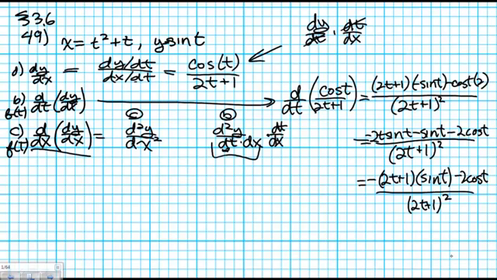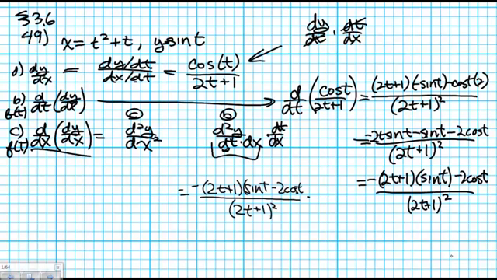All over (2t plus 1) squared. And I multiply it again by the reciprocal of dx/dt. dx/dt is 2t plus 1.